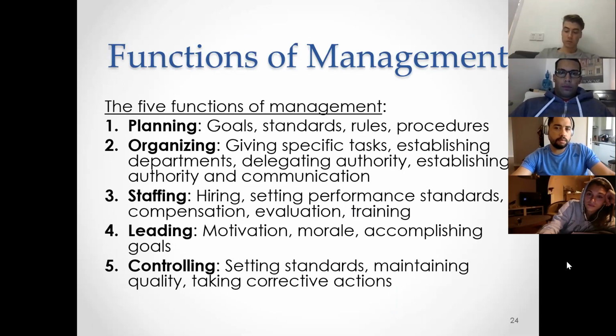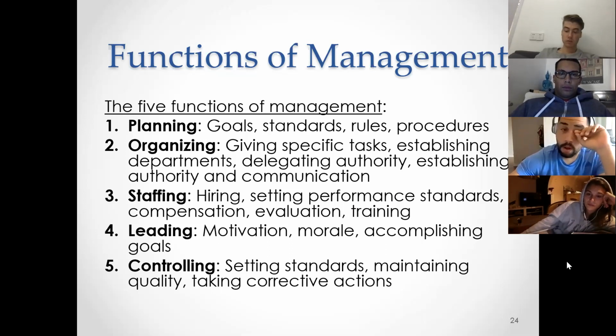Organizing is delegating, figuring out who is going to do what job, making departments, giving people authority, establishing communication. Leading is using motivation, using morale, keeping a good climate of positive energy.